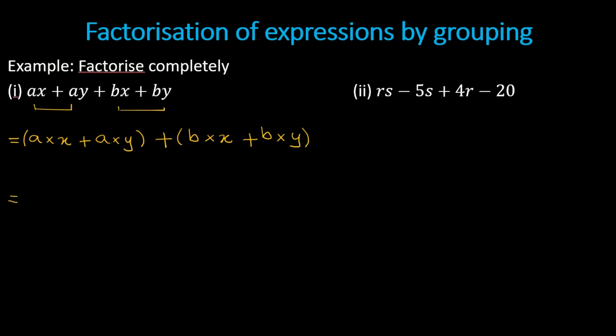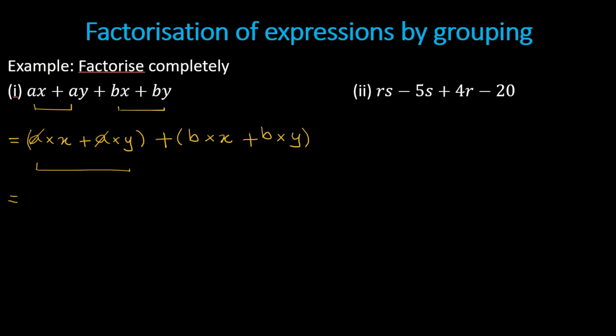We have to observe the first pair of brackets, and we are going to observe the second pair of brackets later on, right? So let us start with the first pair of brackets. We have to identify the common factor. Which letter is appearing twice? We have the letter A, which is appearing twice.